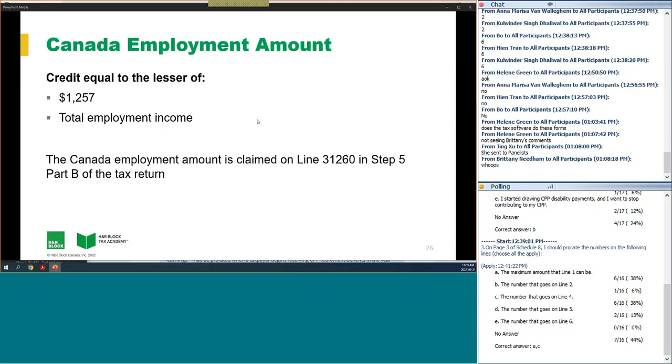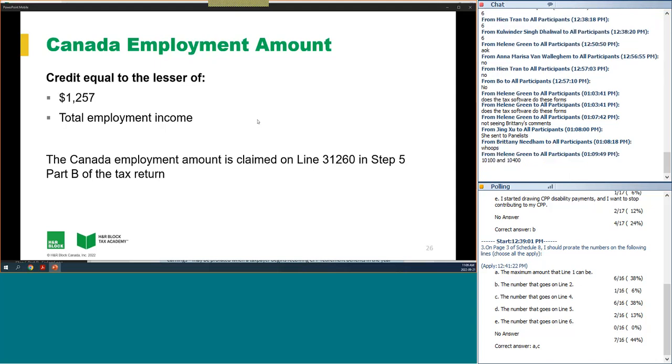So you're going to take the amount of income you had from, can anyone tell me which lines we're looking at for the Canada Employment Amount? Which two line numbers do we need? What type of income lines are we talking about here? We have employment income, which is line 10100, and we have other employment income, which is line 10400.